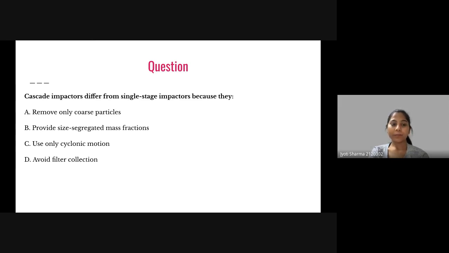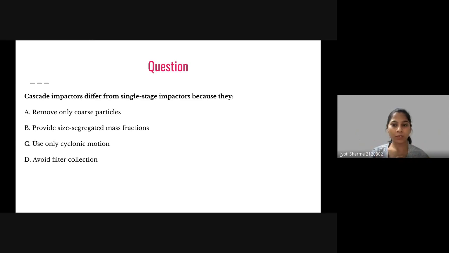Yeah. So this cascade impactor is not only giving you just one size segregation, but it provides size segregated mass fraction. We were talking about the geometry, right? In cascade impactor we have different types of geometry that we can use, and based on that we can segregate different size mass fractions.